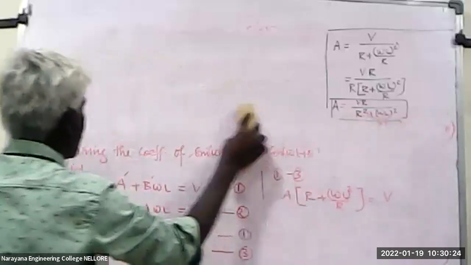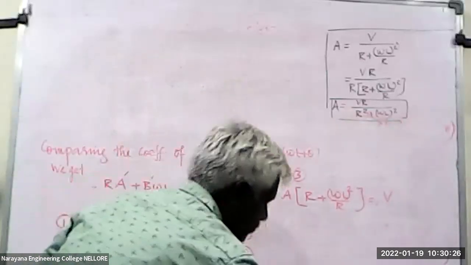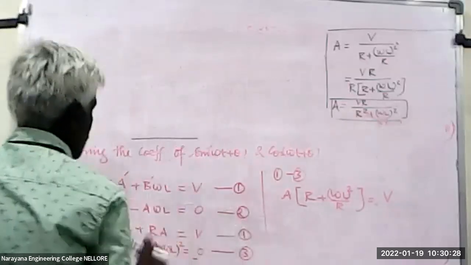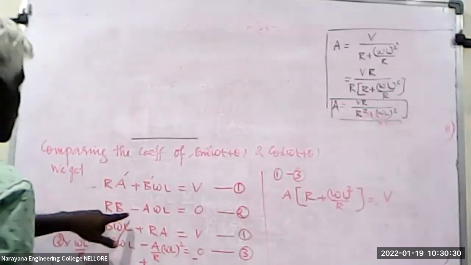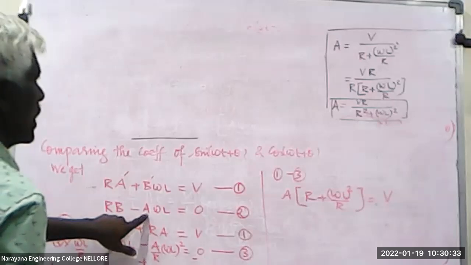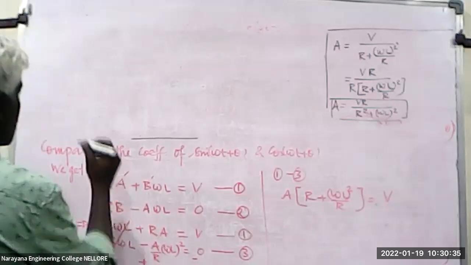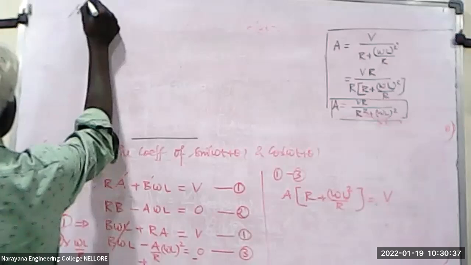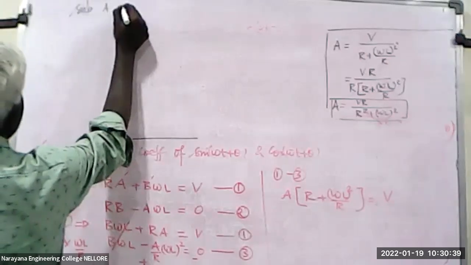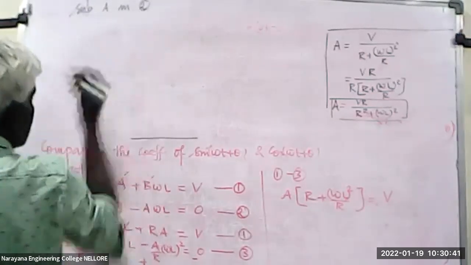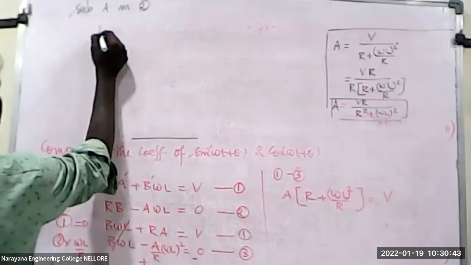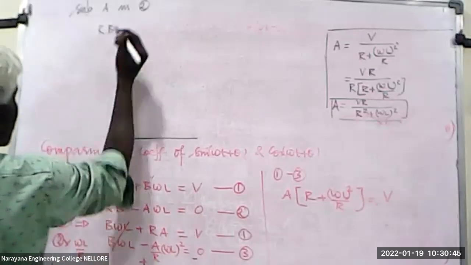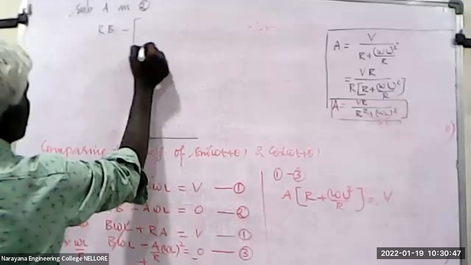So you got A and now we are going to find out B. So substitute A in one of these equations. I think it is easier to substitute here. Substituting A in equation 2, what do I get? R B minus A, what is A?